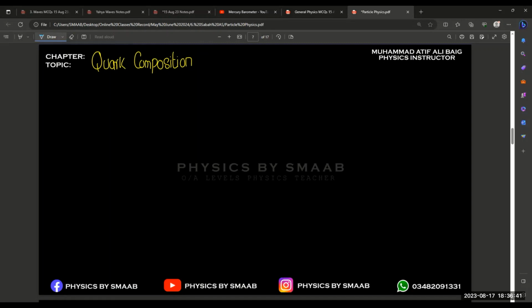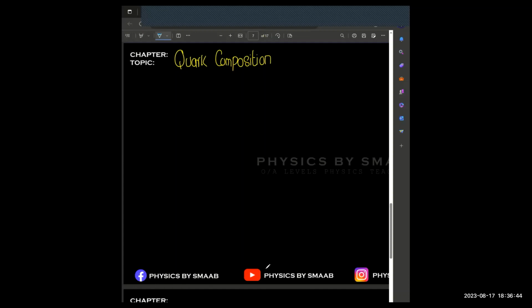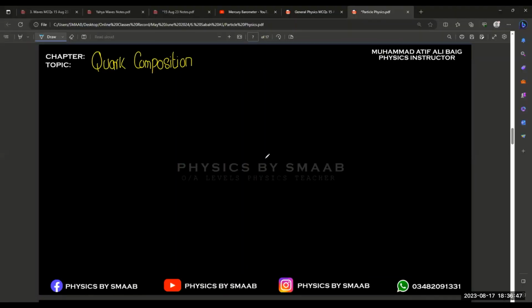So in quark composition, now we are going to talk about beta positive decay and beta negative decay, because previously we discussed only protons and neutrons. This time we are going to discuss the composition of beta positive and beta negative.